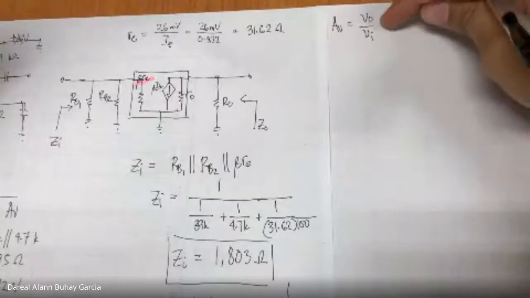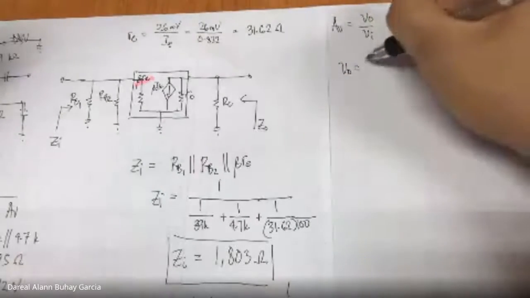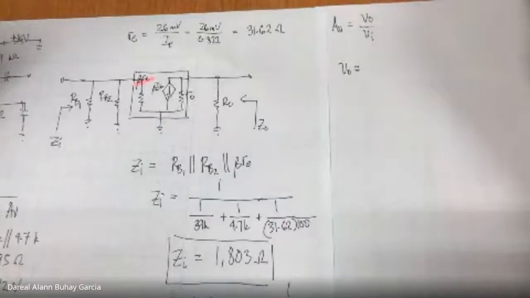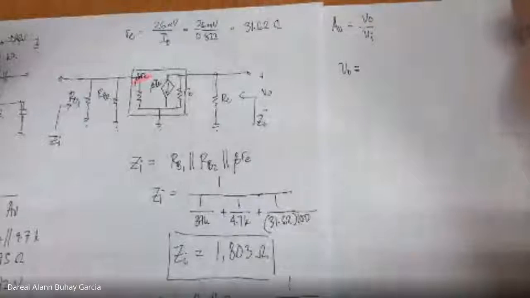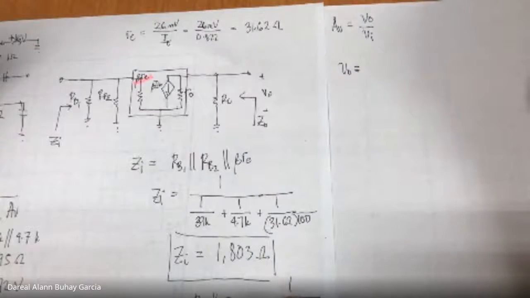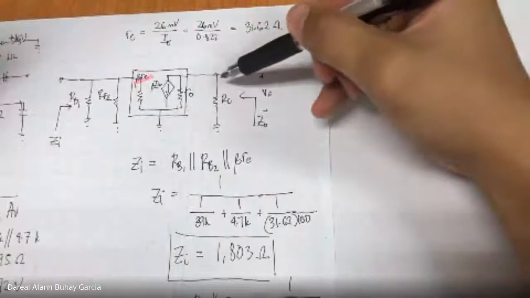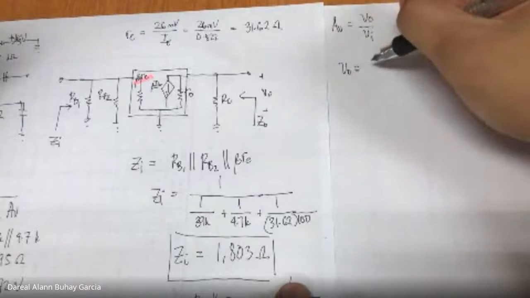Okay, the ratio of the output voltage over input voltage. First is, what is VO? It's RC parallel RO, common VO, because I times R.